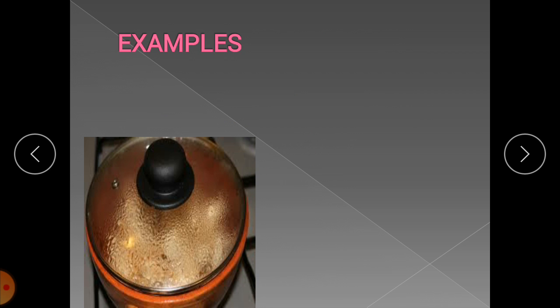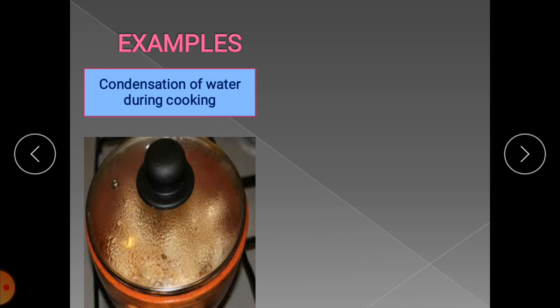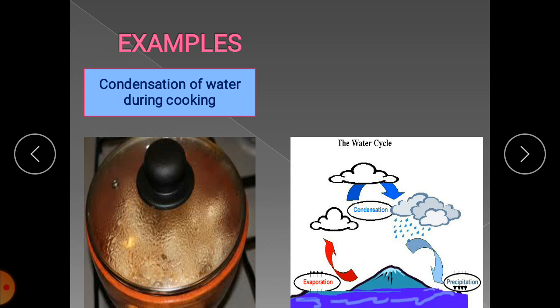You know, when we heat water, when we cook anything on the stove, and when we move this cover, the steam, vapors or drops of the vapors go back to this container. Okay, so when this steam goes back to the container, it gets its previous state and becomes liquid. So this is condensation.